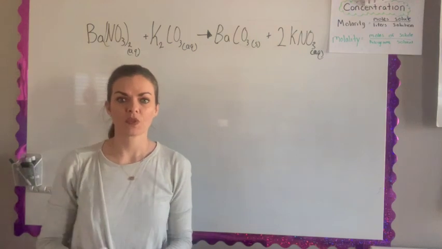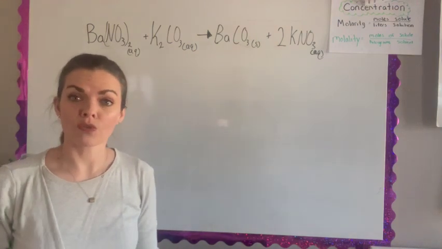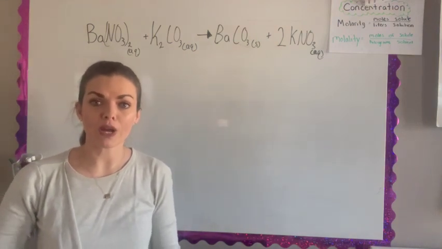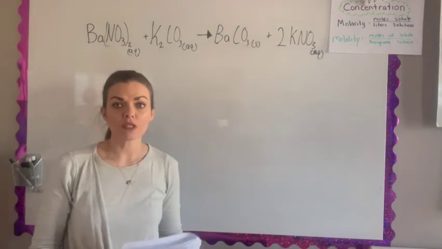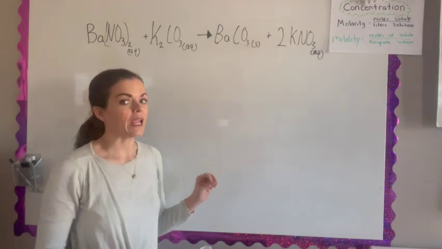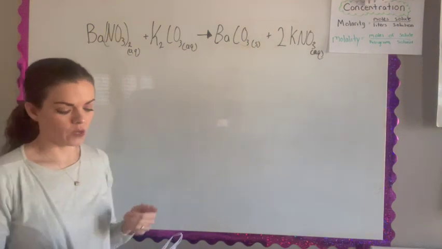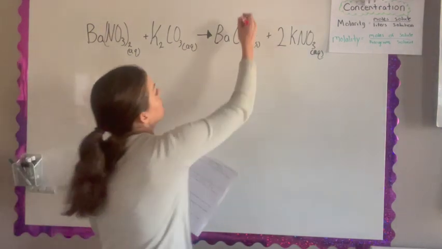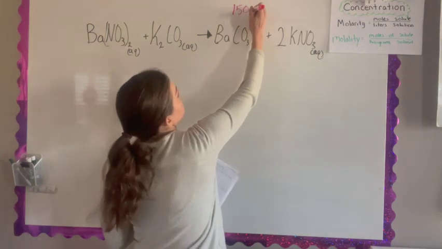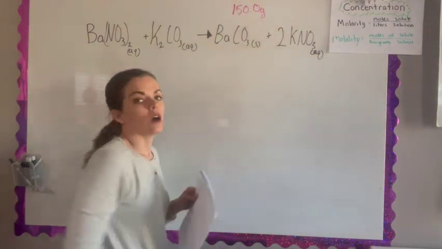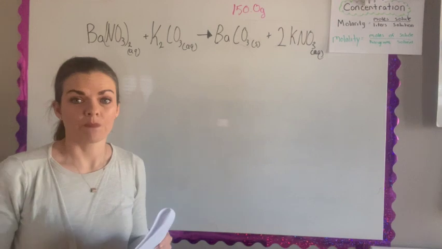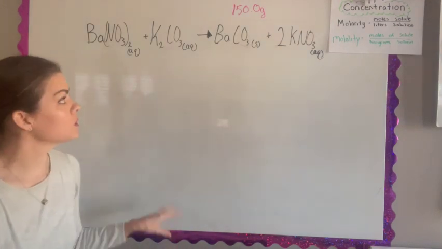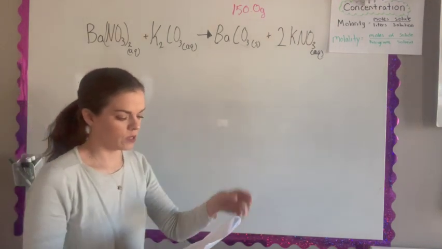Okay. Question number 15. I didn't write the whole question down, but I did write down the equation. They give us the balanced chemical equation, and they tell us that we're basically doing this reaction, and we're wanting to make 150 grams of this barium carbonate. And it also gives us some information about the products.